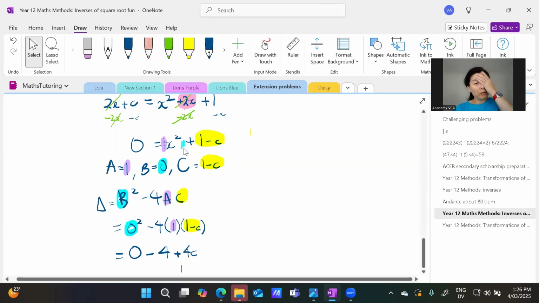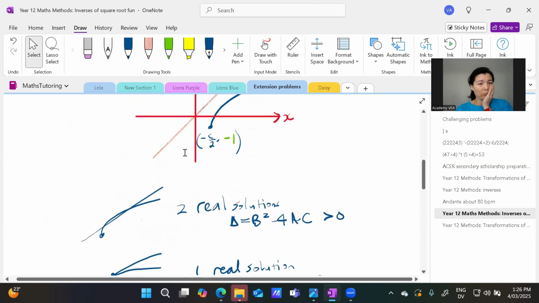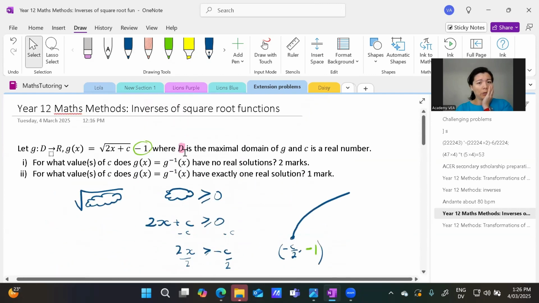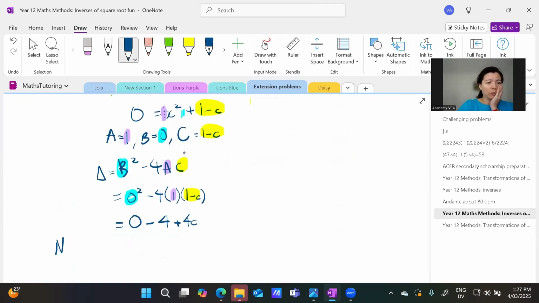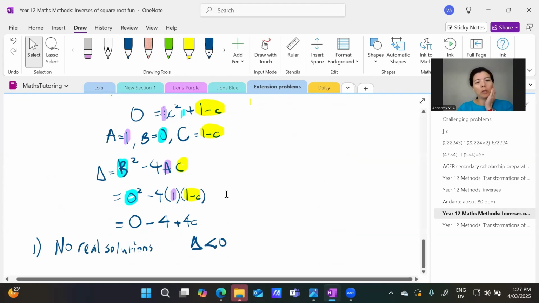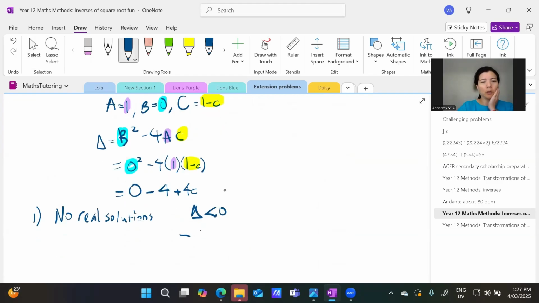So we flick back to the original question. We wanted no real solutions. So no real solutions means that the discriminant is less than 0. So we take our negative 4 plus 4c, make it less than 0.